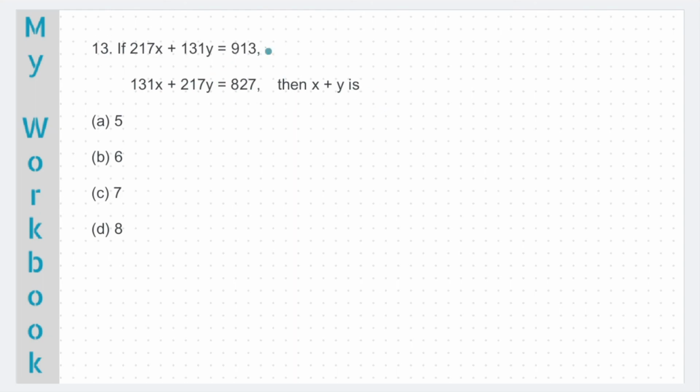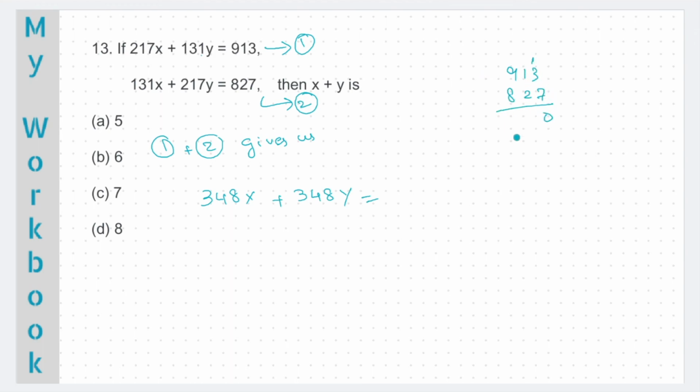Let's see what happens when you add equation 1 and equation 2. 217 plus 131 will be 348x plus again 131 plus 217 will be 348y is equal to, when you add up the constants, 1740.